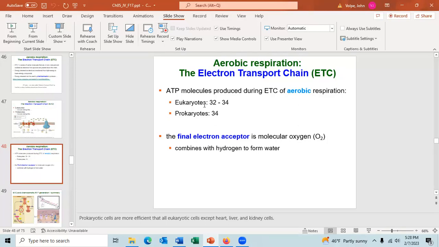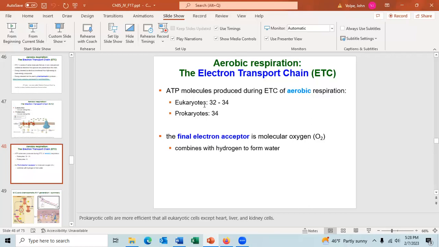And so the heart, the liver, and the kidney, they're always working. The heart, as you know, is always pumping blood. The liver is always purifying the blood. When you're eating a meal, it'll take the glucose out of the blood and store it in the liver. And then when you're not eating and the blood needs more glucose, it'll take the glucose from the liver and pump it into the blood.